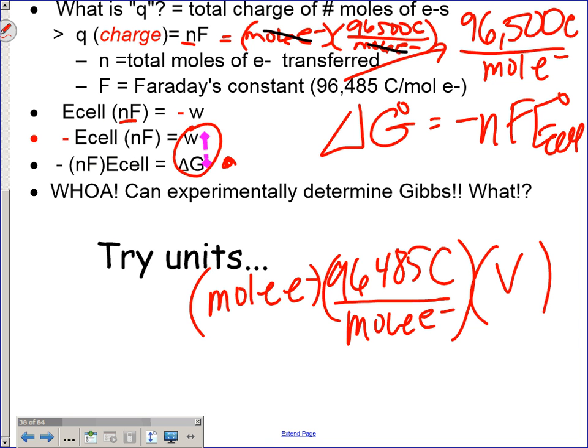Volts, okay. So moles of electrons cancel, coulombs times volts. What should coulomb volts be? Joules, stop getting shy. Those are joules, which would be a delta G in joules. So if you have joules here, you could easily convert that to kilojoules to do some thermodynamic-based work.